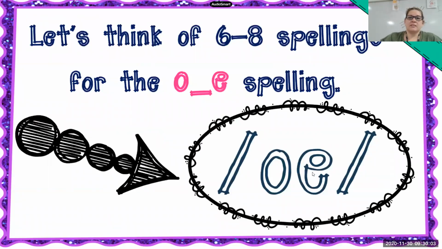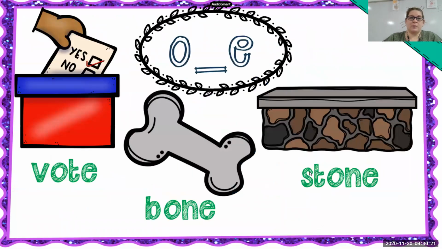All right. So let's think of 6 to 8 words for the O spelling. What can you guys think of? Well, we already said home was one of them. Here's some more. We have vote, bone, stone.